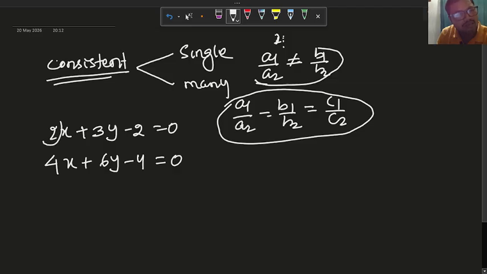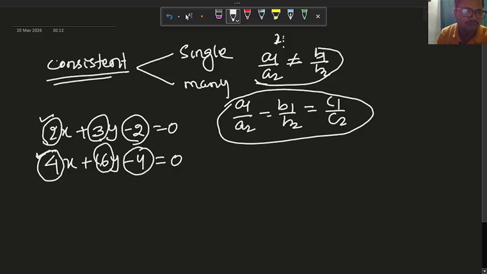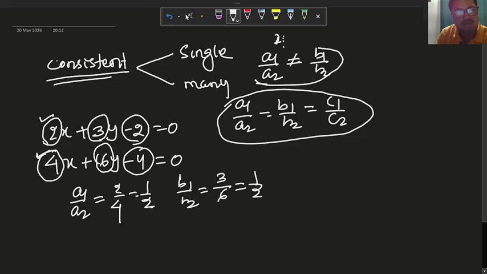Here a1 is 2 and a2 is 4. This is a1, this is a2. This is b1 and this is b2. This is c1 and this is c2. So a1 by a2 equal to 2 by 4 equal to 1 by 2. b1 by b2 equal to 3 by 6 equal to 1 by 2. c1 by c2 equal to minus 2 by minus 4 equal to 1 by 2.